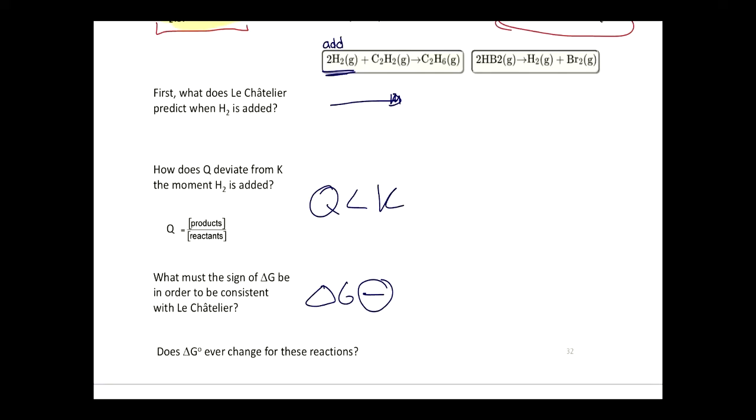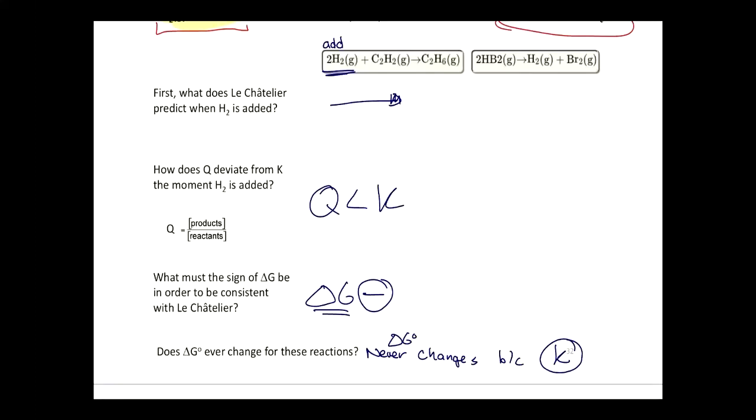So we see here, delta G naught never changes. Everything I'm talking about right now is just delta G. Delta G naught never changes because it's just based upon K, and K never changes. That value is just the value you're trying to achieve.